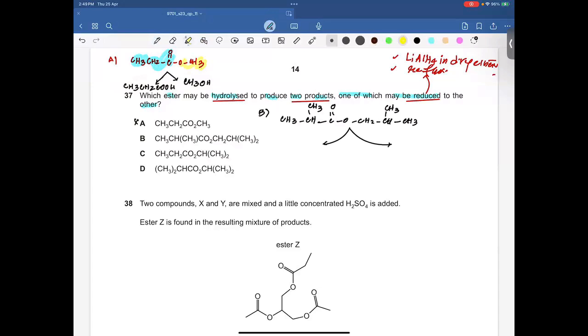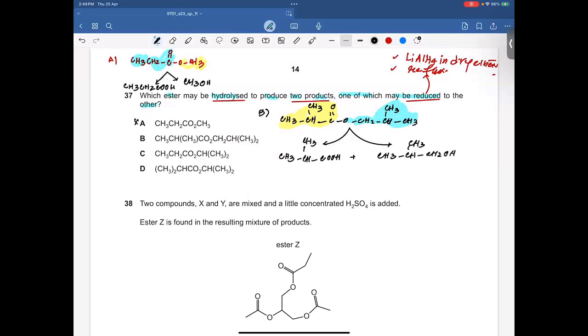This must be the acidic part, and this must be the alcohol part. So this is CH3, CH, CH3, COOH, plus the alcohol part is going to be CH3, CH, CH3, and then CH2OH.